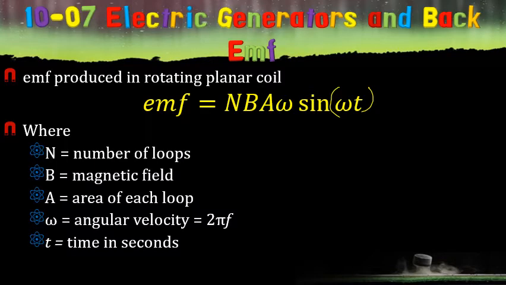N is the number of loops, B is the magnetic field, A is the area of each loop, omega, the w-looking thing, is the lowercase omega, the angular velocity, which also equals 2 pi times the frequency, and t is our time in seconds.